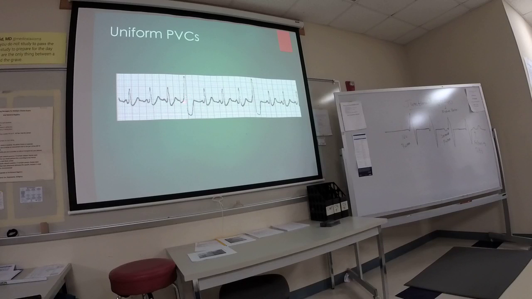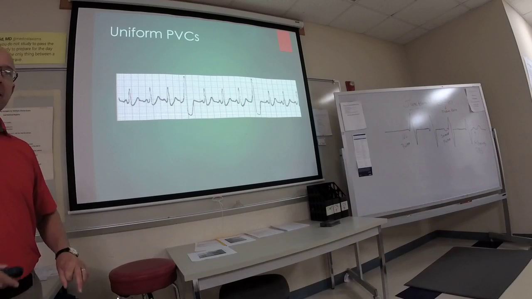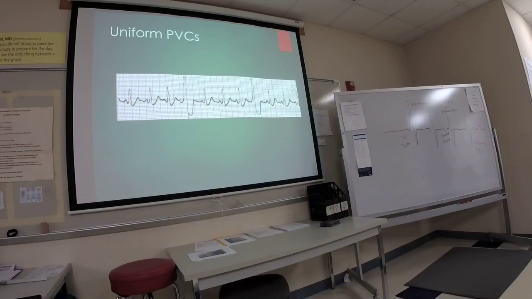Okay? It's wide, just right at maybe 3.5 boxes, so it's not too wide. I'll show you some other PVCs in a minute to clarify that, because they do look wider than that. But this is called a premature ventricular contraction, or PVC.